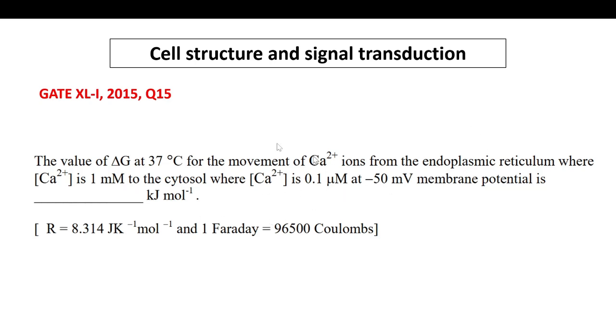If you think of the calcium in the endoplasmic reticulum as your reactant, and when it goes to the cytosol as your product, then you get the value of your reaction quotient. The temperature is given here as 37 degrees Celsius. What has been asked is to find the membrane potential. So let us look into the solution.